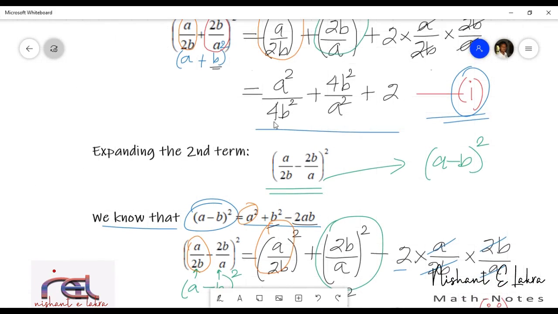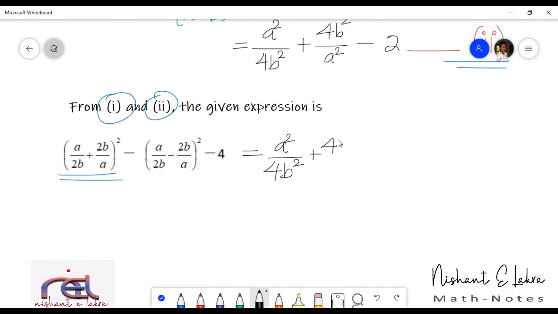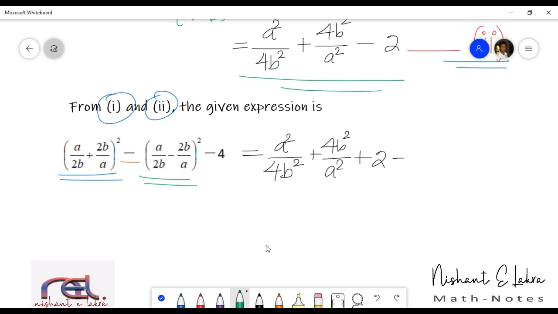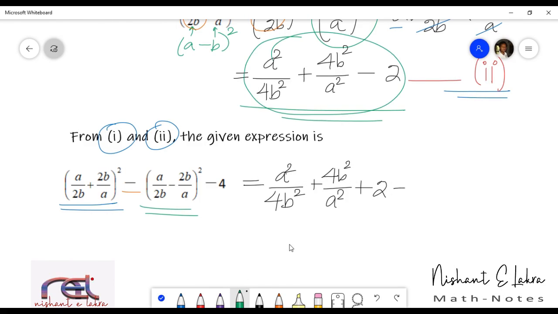That is the first equation which we have already found. We will replace that expansion. Right, so that is the expansion of (a by 2b plus 2b by a) whole square. Now we will replace this second part of the expression with the equation that we have found and written as the second equation, that is a square by 4b square plus 4b square by a square minus 2.